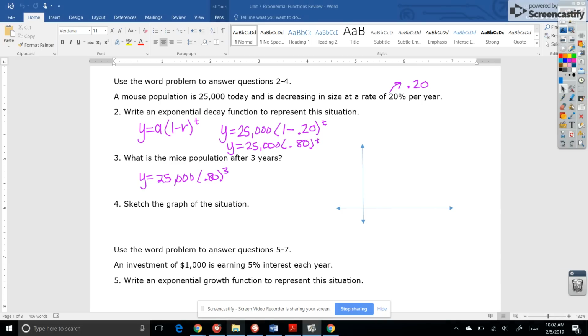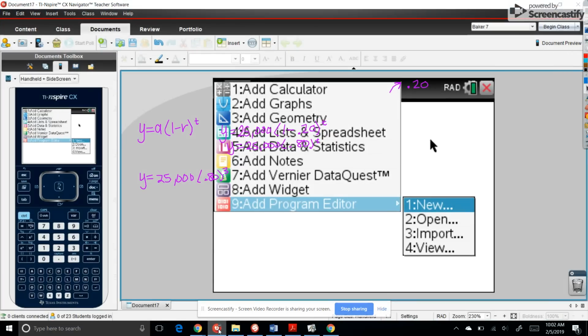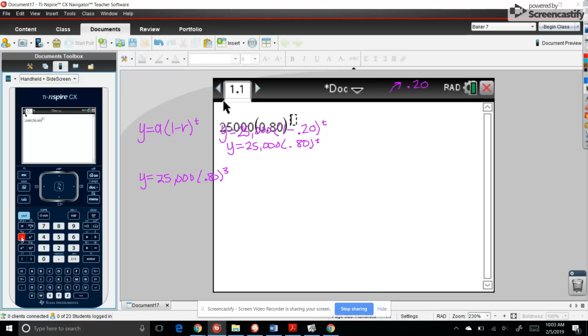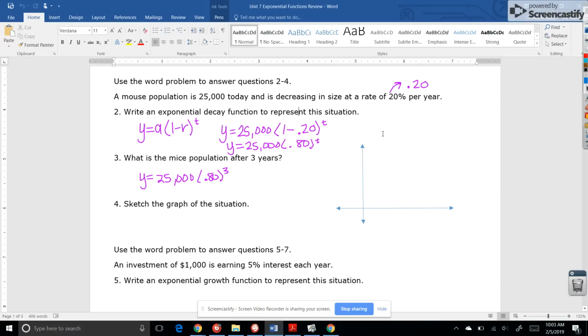So I'm going to go to my calculator for this. 25,000, 0.80. Exponent is going to be a 3. 12,800. So I know my y-intercept is at 25,000 because that's my starting.